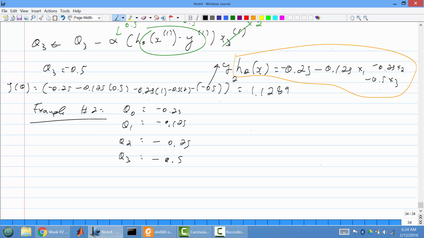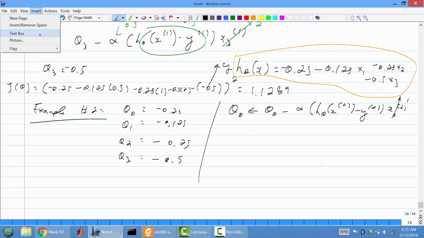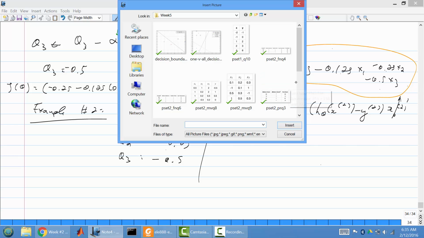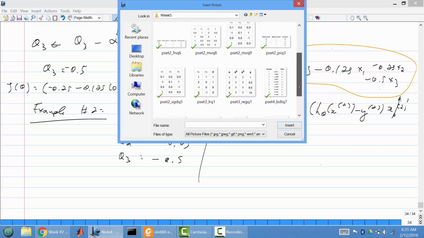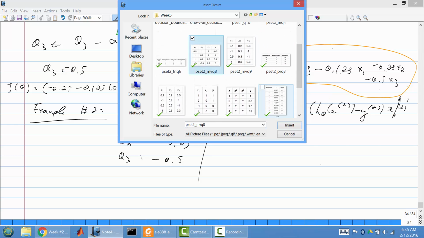So now all you got to do is just do the computation. So theta 0 is theta 0 minus alpha, and then we have the second training example with the corresponding expected output and the zeroth feature of the second example, and we can certainly assume this is 1. Okay, let me just put in the table that we had from before, and where is it? It's this one.